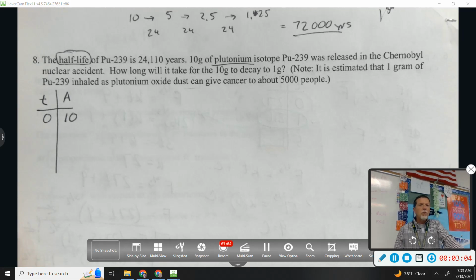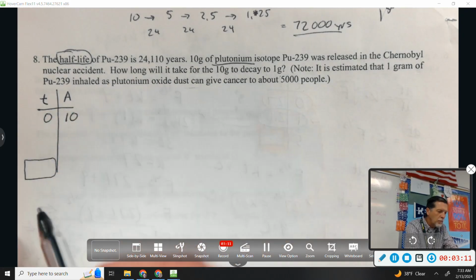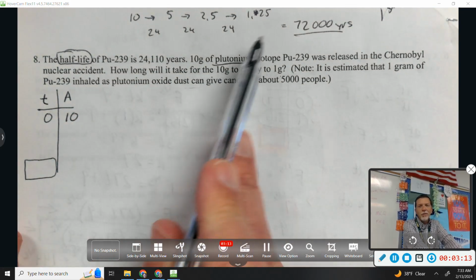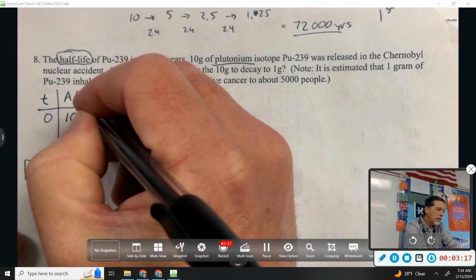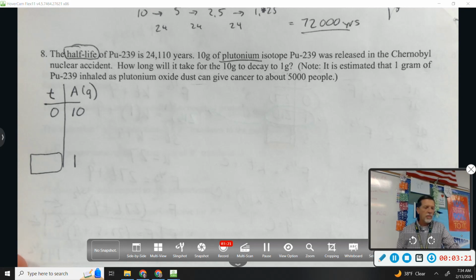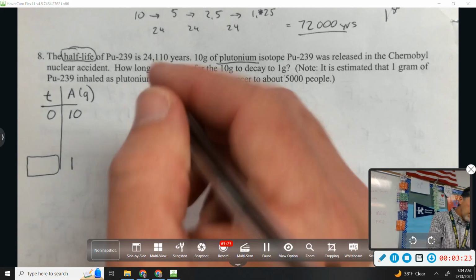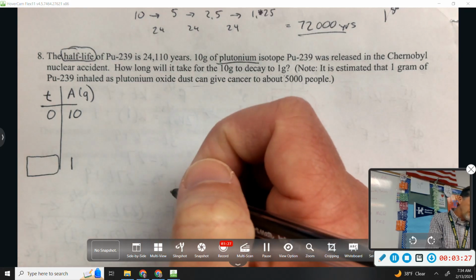And we want to know how long it takes, so we're looking for time. We probably won't fit in that box because it's more than 72,000. But time to get to 1 gram of plutonium.